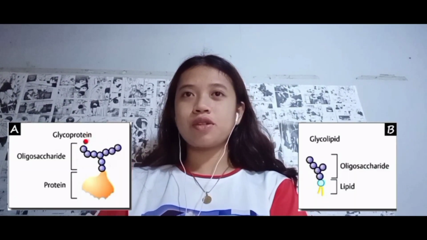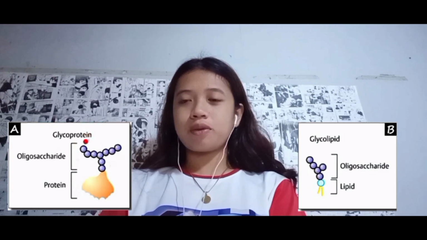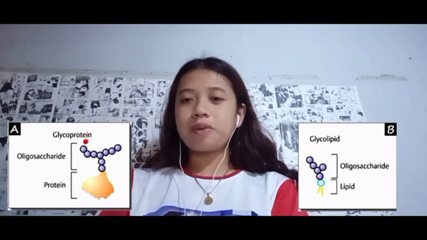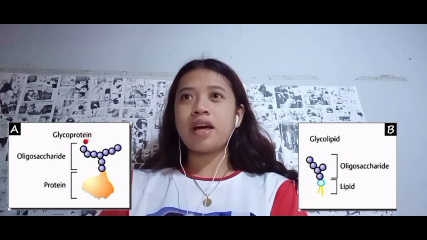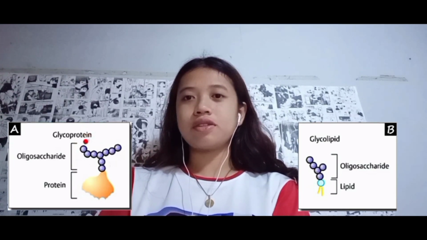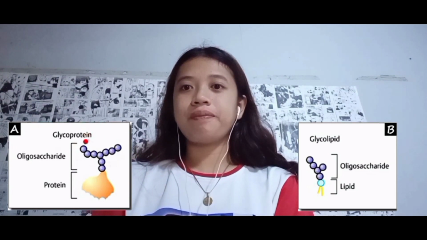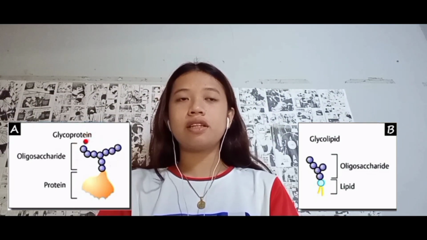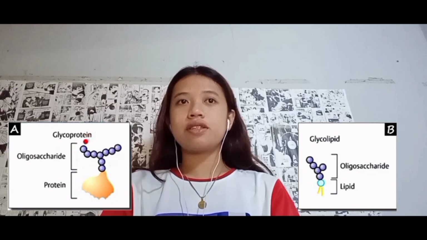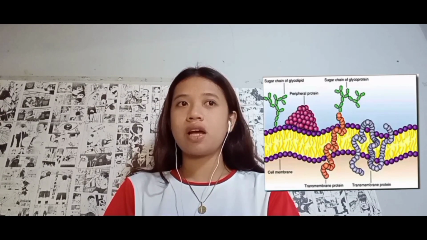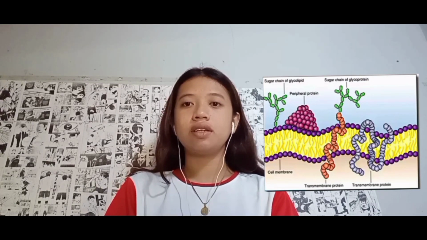Glycolipids and glycoproteins have short fragments of sugar attached to the proteins or lipids. So, as you can see, the short fragments of sugar either attach to the proteins or lipids or phospholipids. For example, glycolipids and glycoproteins have short carbohydrate or sugar chains facing out of the cell surface.